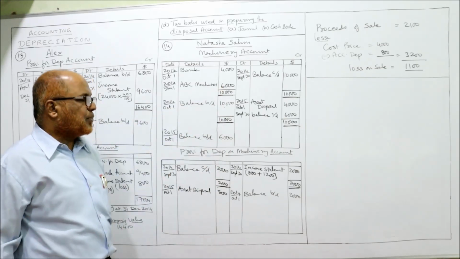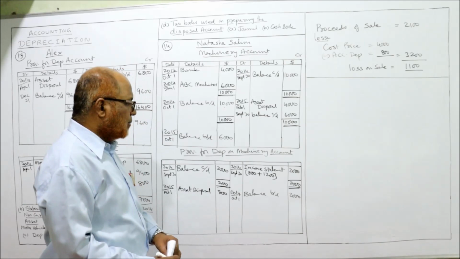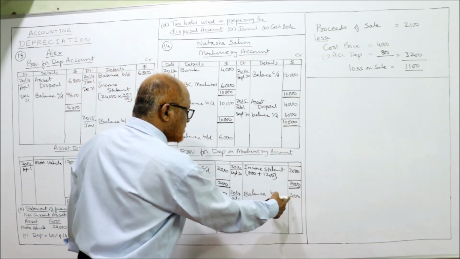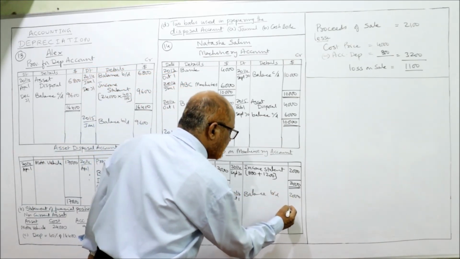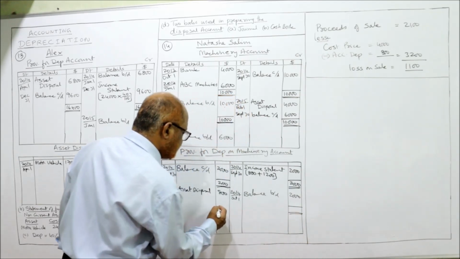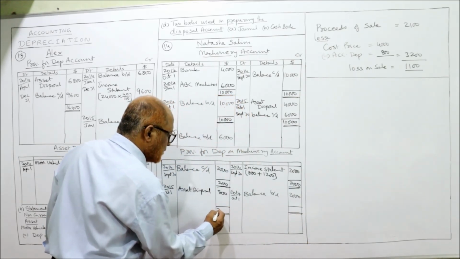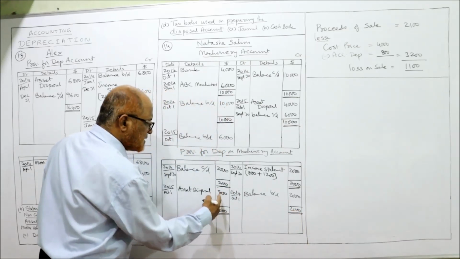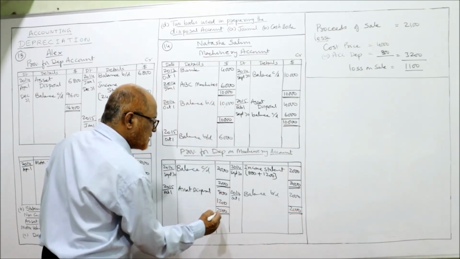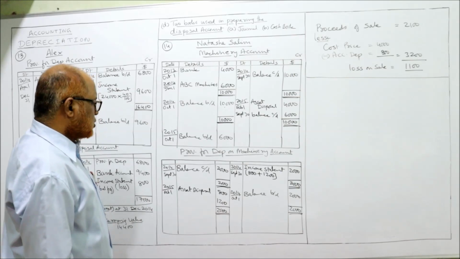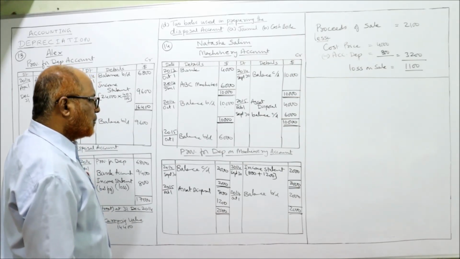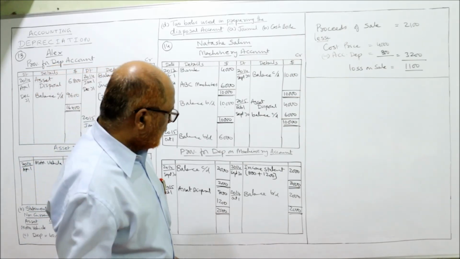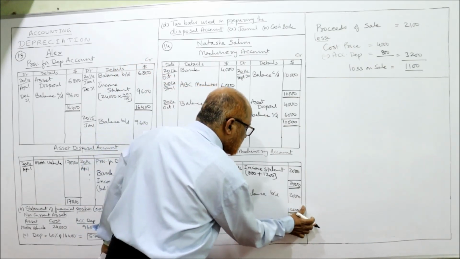Now come to provision for depreciation. How much is the balance? 2,000 is on credit side, 800 on the debit side. Now we'll balance it. 2,000. Here also 2,000. 2,000 minus 800 is 1,200. 1,200. But we have to provide depreciation, no? We have to provide depreciation for the second machine.